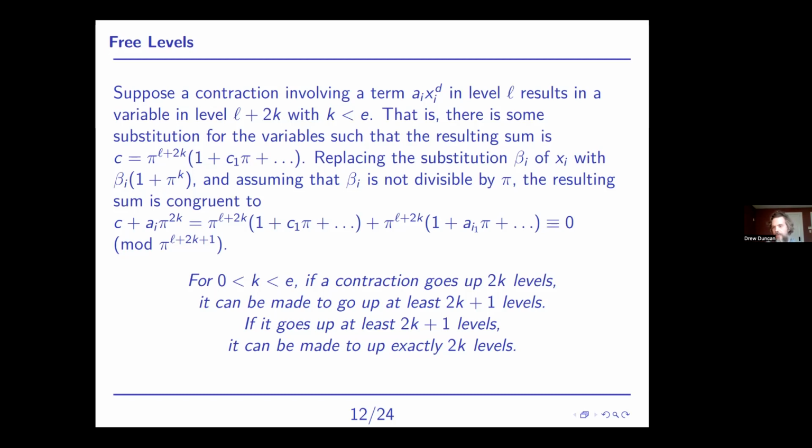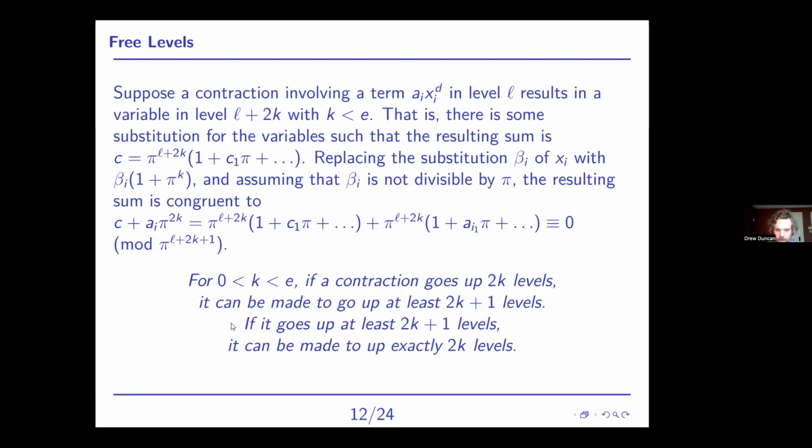And the complement of this, let's say, is that if the contraction were to go past level 2k or go up more than 2k levels, then we can do the same thing, get an extra π^(L+2k) term, and then that contraction will now go exactly 2k levels. Now, these facts allow us to have some control over the contractions and where the resulting variable ends up, and this turns out to be very important.